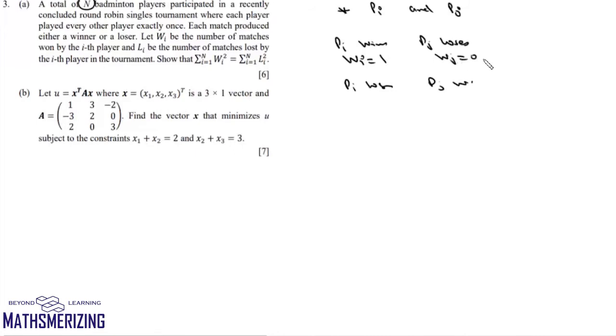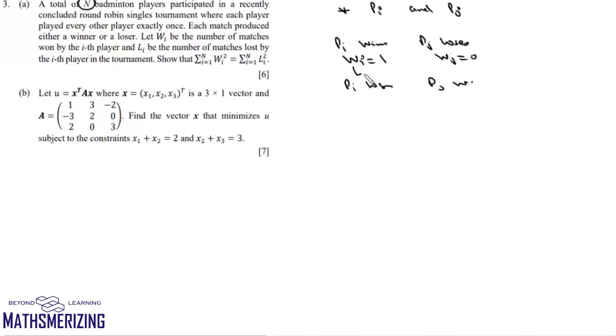Now in any match between two players, say players Pi and Pj, there are two possible outcomes. Either Pi wins and Pj loses, or Pi loses and Pj wins. Now if Pi wins, then Wi will be simply 1 and Wj will be 0.